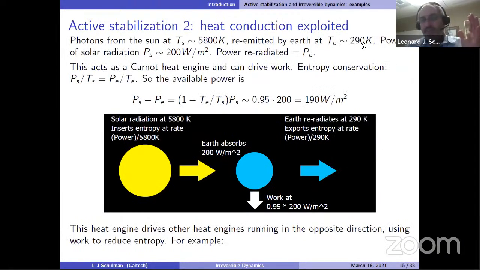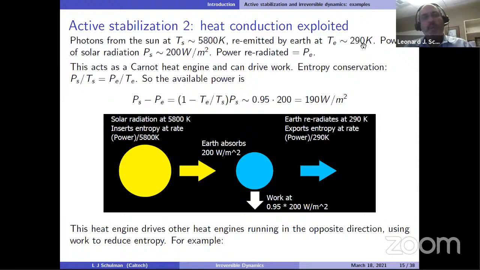All right, that's a simple example. We can use this active stabilization in much more interesting ways than just insulators. I'm going to have to rush through this slide, but it is something one should think about.